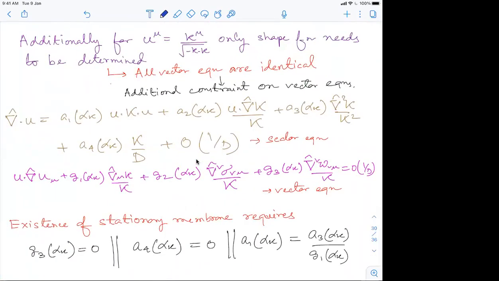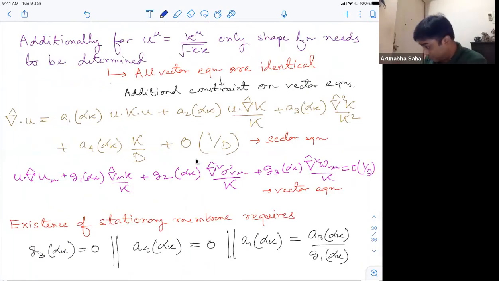Okay. So all this exercise simply says that this puts additional constraints. You can also write down the most general vector membrane equation, and demanding that this set of one scalar equation, vector membrane equation, finally determines only one scalar function consistently puts additional constraints, and also that divergence of u equals 0. And these constraints are like this A4 alpha q, which we were talking about earlier, that is equal to 0.